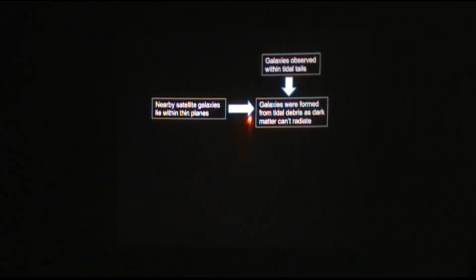It means that the galaxies were formed from tidal debris, because the dark matter can't radiate and cool and form into thin planes. Now, what that in turn means is that those galaxies in thin planes should only contain baryons, because the dark matter can't radiate away and cool down like that.